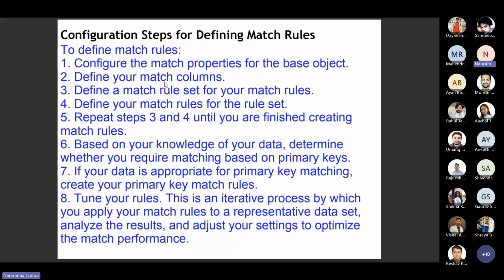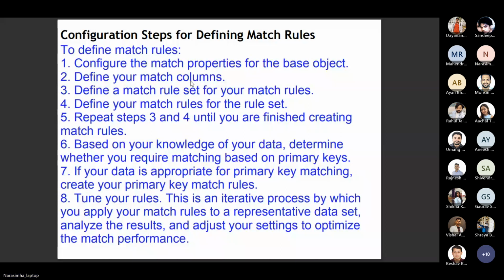Example, name and address. But we have zip code, city, state, all that. Let's say we are not considering all of them. Instead, we are considering name and address.